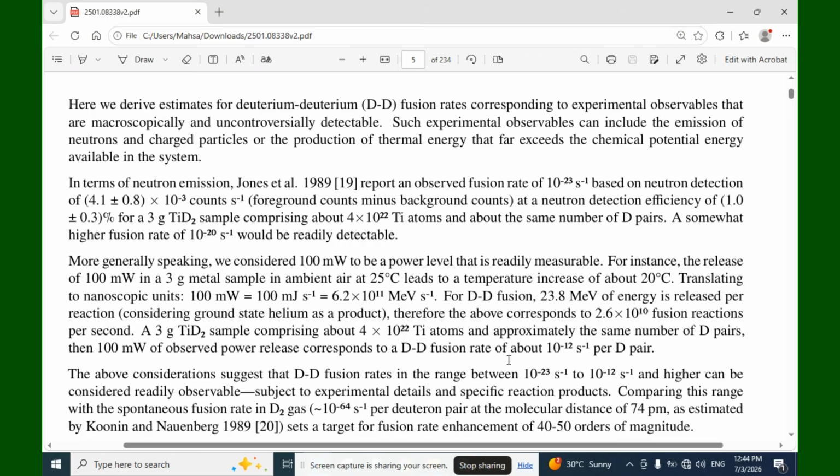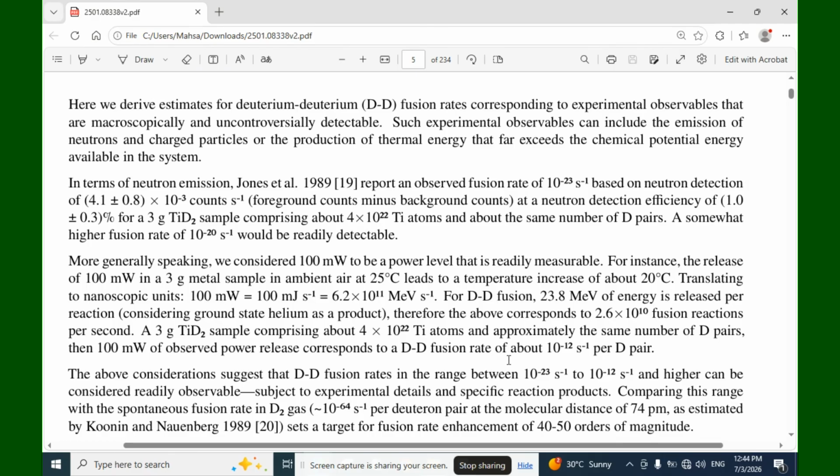Translating to nuclear units, 100 mW is equal to 100 mJ per second, which is equal to 6.2 multiplied by 10 to the power of 11 MeV per second. For deuterium-deuterium fusion, 23.8 MeV of energy is released per reaction considering ground state helium as a product. Therefore, the above corresponds to 2.6 multiplied by 10 to the power of 10 fusion reactions per second.